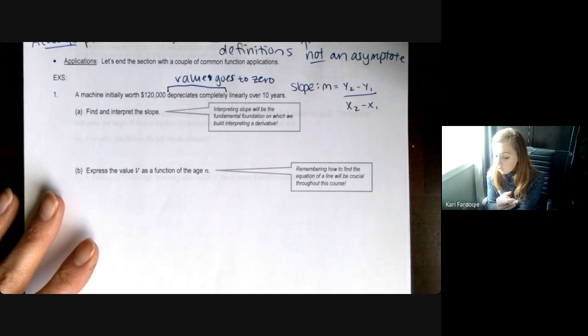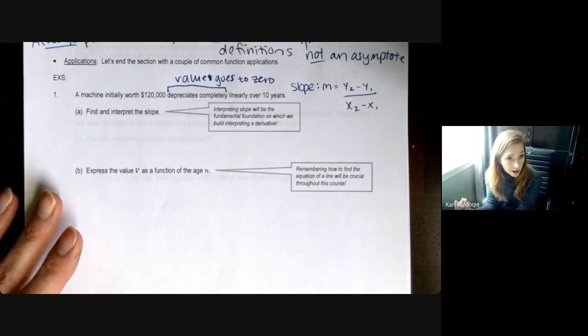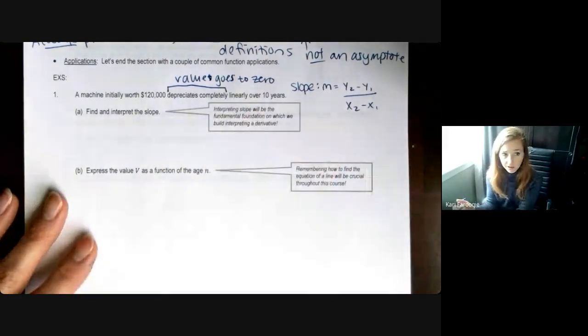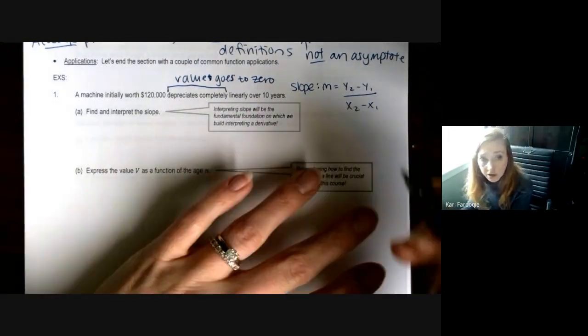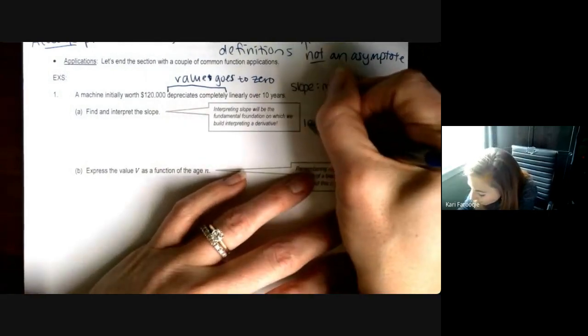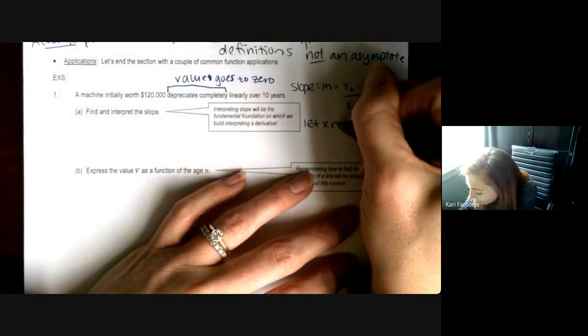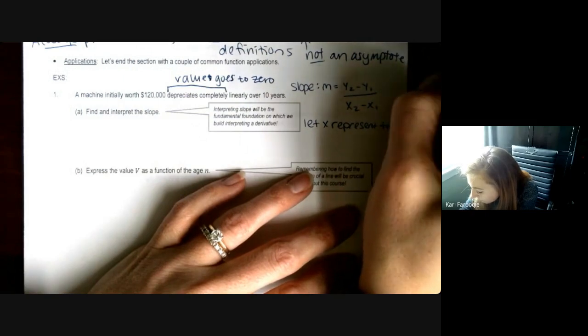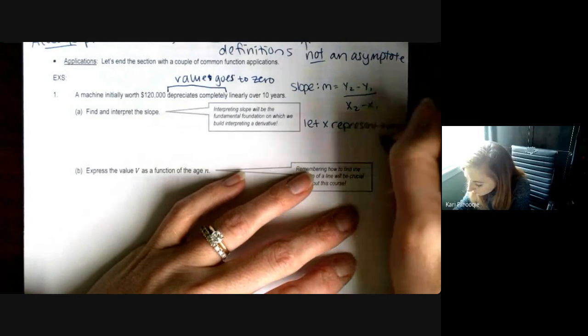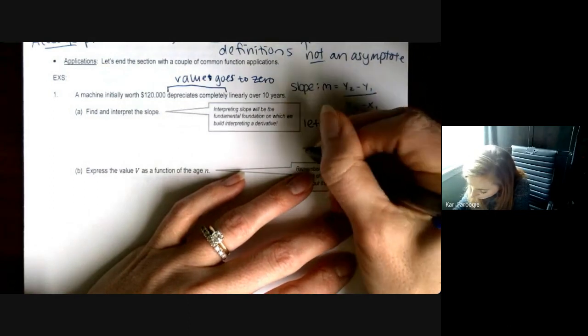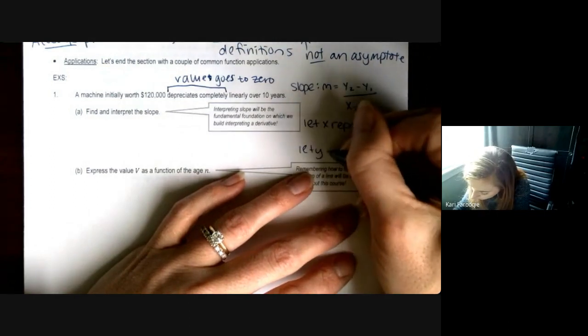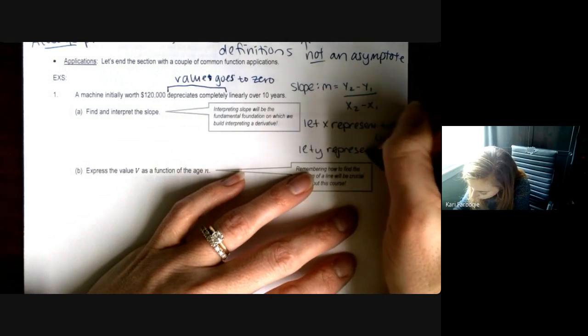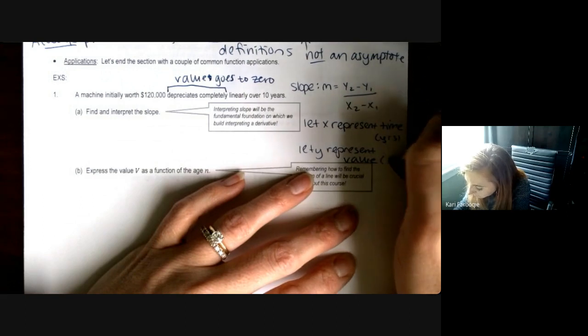So we're going to come up with 2 points. Generally, we let X represent time in a situation like this where we're talking about time, and then Y can represent the monetary value. Let X represent time in years, and then let Y represent the value, and that's in dollars.